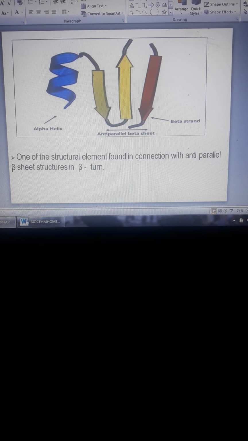One of the structural element connections is the anti-parallel beta sheet structure in a beta turn. When you say anti-parallel, there are opposite directions, or an opposite arrangement of a beta sheet. So that is an anti-parallel beta sheet. Try to see this one, anti-parallel.